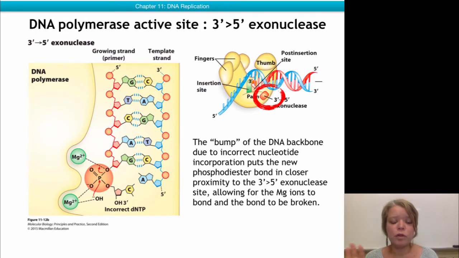And it can remove it because most incorrect base pairing will create a bump in the phosphate-sugar backbone of the DNA, putting this bump a bit closer to these two magnesium ions, which will then catalyze the removal of that nucleotide from the location, simply because the base pairing is incorrect.